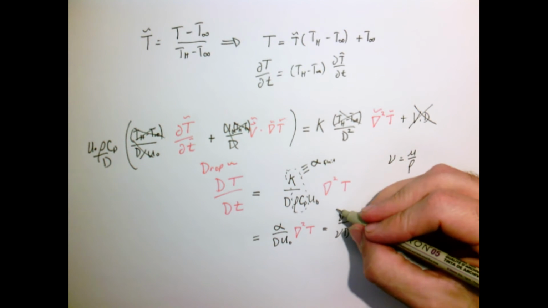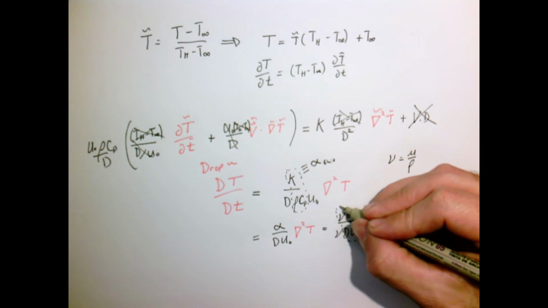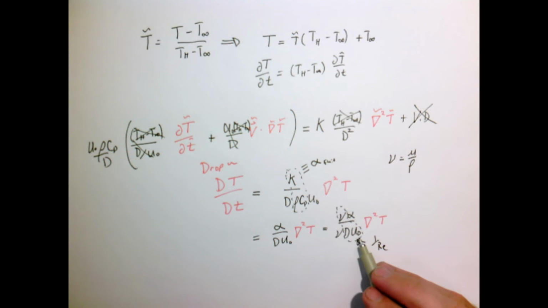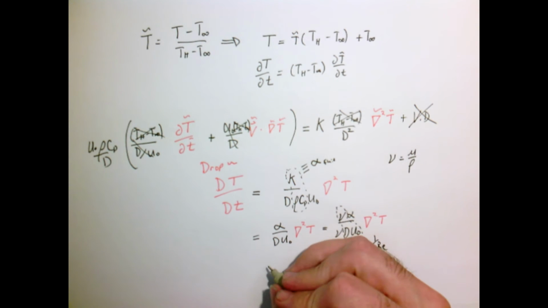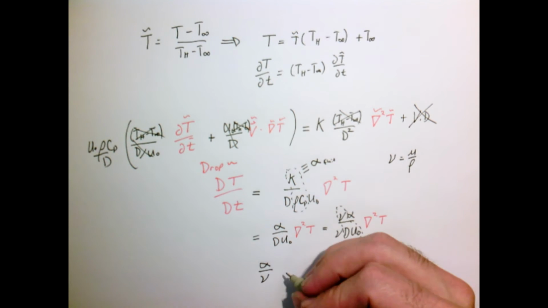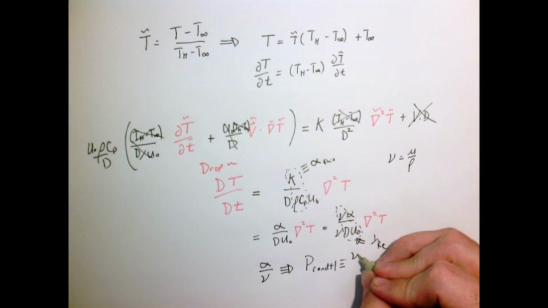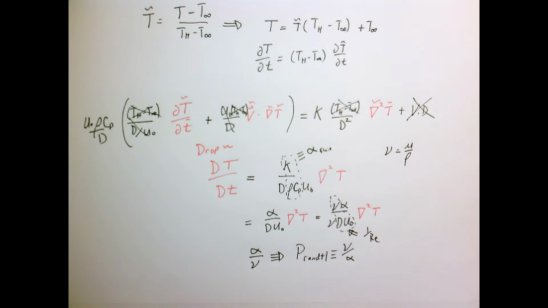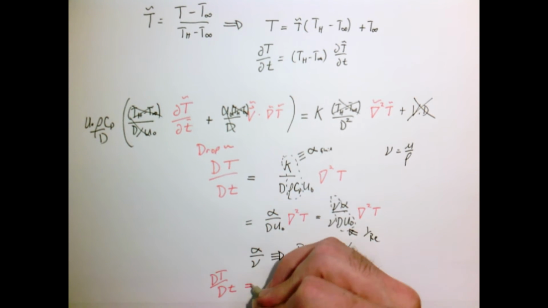And then if you notice, this parameter here is 1 over the Reynolds number, so d u naught over the kinematic viscosity. And what I'm left with is a new parameter, which is the ratio of the diffusivity of heat to momentum. What's called the Prandtl number is usually the inverse of that. So nu over alpha is called the Prandtl number, and it's a property of the fluid, and it's a dimensionless number. So written in terms of the Reynolds number and the Prandtl number, our final equation is as follows.